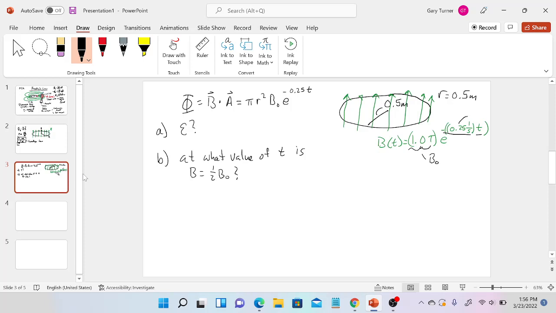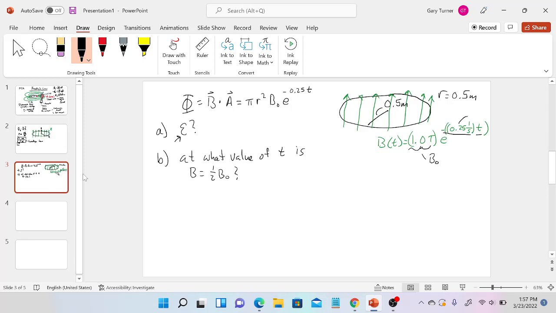So these are the two questions I want to answer. And by the way, because your area is not changing, what part B is effectively the answer to would also tell you when the EMF has dropped by a factor of 1/2.